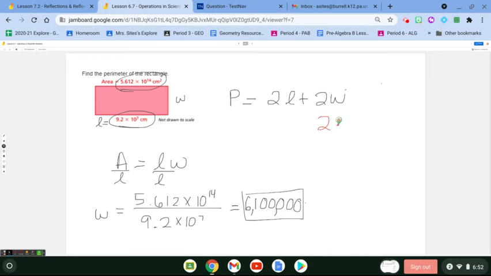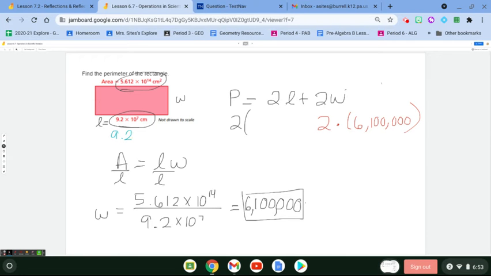So 2 times 6,100,000. And then I'm also going to do 2 times my length, which in this case is 9.2 times 10 to the 7th power. I'm going to take 9.2 times 10 to the 7th and convert that.